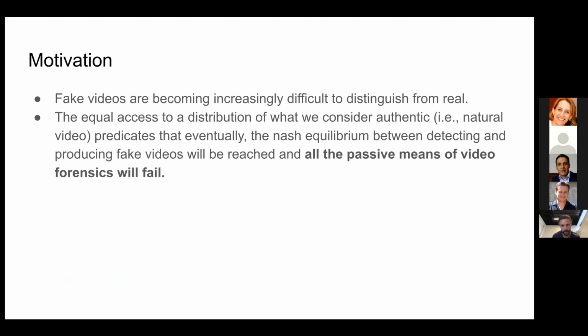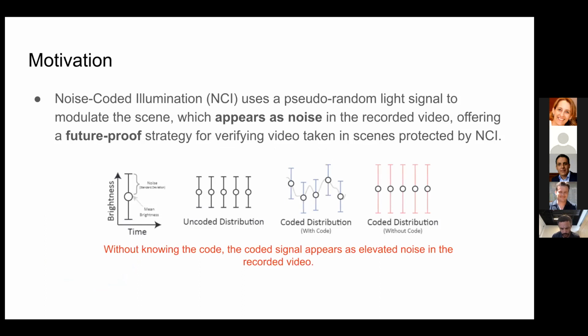As everyone attending this workshop knows, deepfakes are becoming increasingly difficult to distinguish. Christian talked about that in the introduction. So there are going to be cases where passive means of detection are going to fail. What we would like to do, preferably in a low-cost instantiation at some point, is to introduce active illumination into the scene that will produce a coded signal that, to an observer who doesn't know we're doing this, would just look like a little bit of noise has been added to the signal.